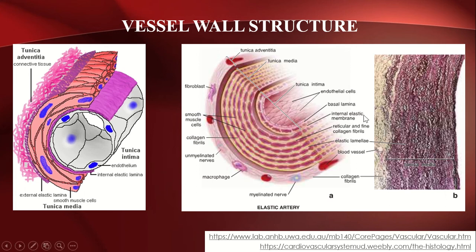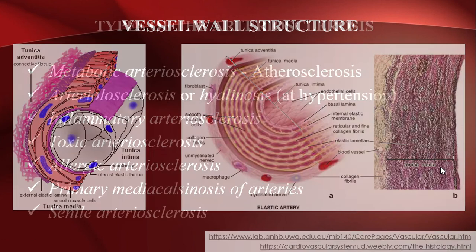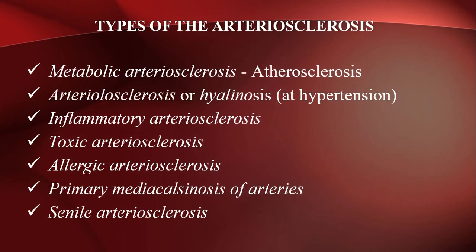Here you see the wall of the elastic artery, where the tunica media consists of many parallel elastic lamellae. And all of the blood vessels are covered by endothelial cells, which play a very important role in blood vessel functions.